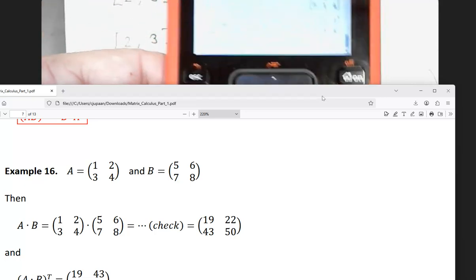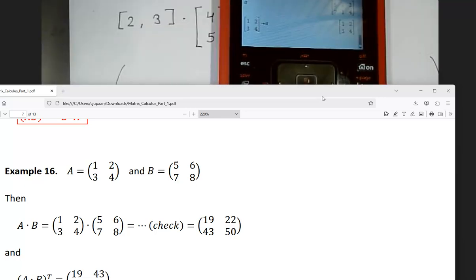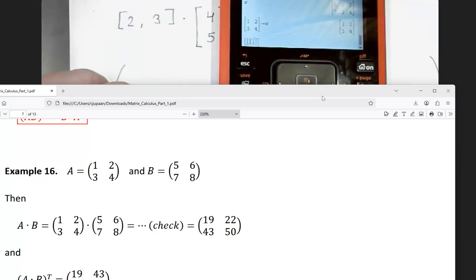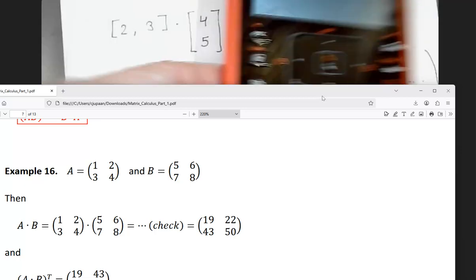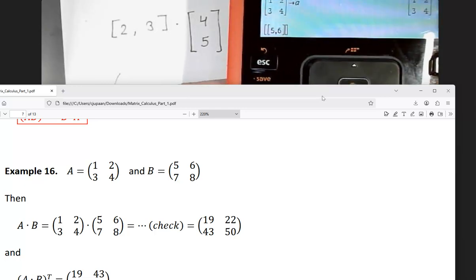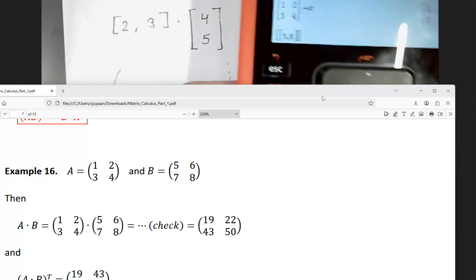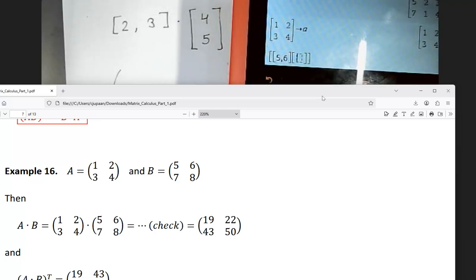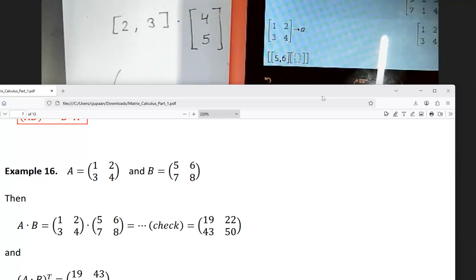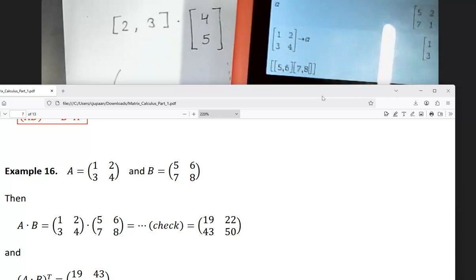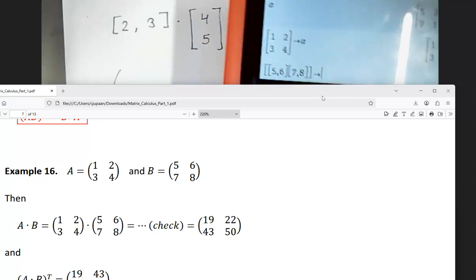So it is now A, and the same with the B matrix: 5, 6, and sorry about my camera, it is not so good quality, 7, 8, and this will be the matrix B.